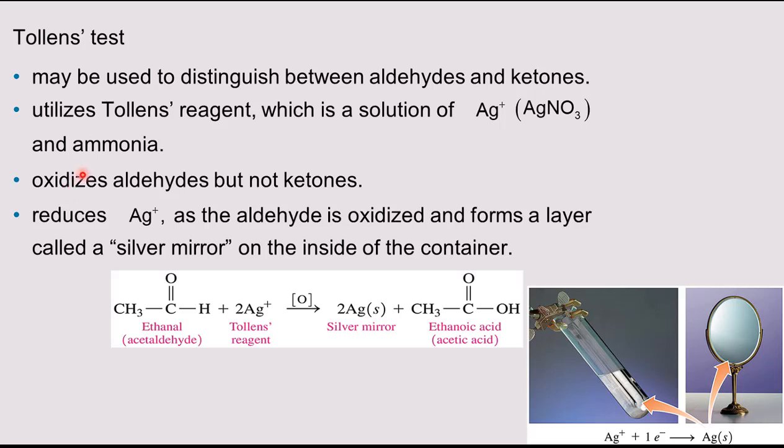It is going to oxidize aldehydes, but again, remember, ketones cannot oxidize. When this happens, the oxidized aldehyde in turn reduces silver, which ends up creating a layer on the side of the container called the silver mirror.